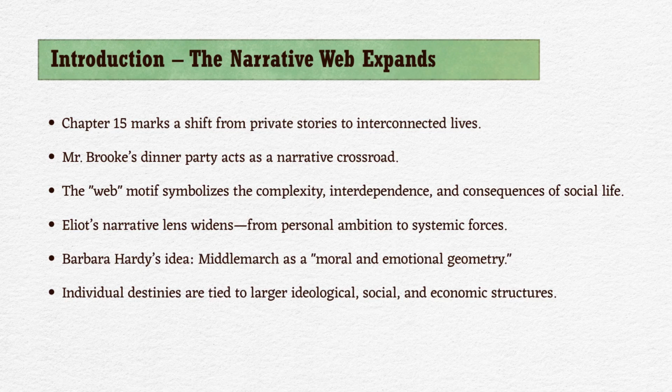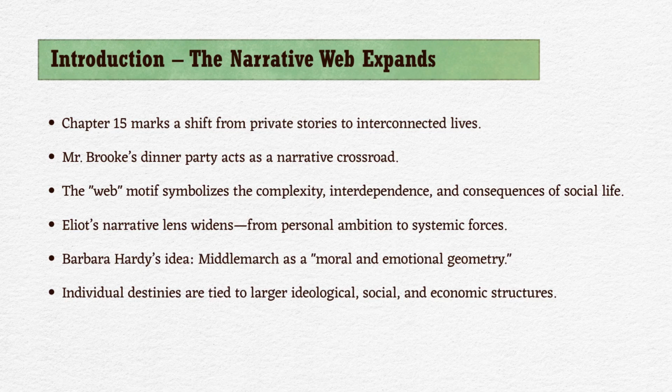Let's begin by zooming out from Dorothea and Casaubon's private world. Chapter 15 is a deliberate turning point in Middlemarch. Eliot opens up the novel's narrative lens to show us that no story unfolds in a vacuum. Now, as I take you into this chapter, I want you to notice something important: the metaphor of the web. Eliot doesn't just use it for the poetic effect. This web is her model of human life, interconnected, sticky, and full of unintended consequences.